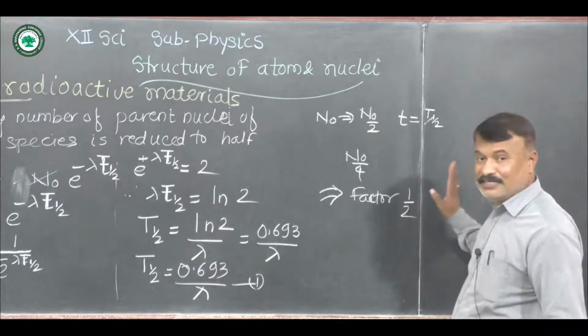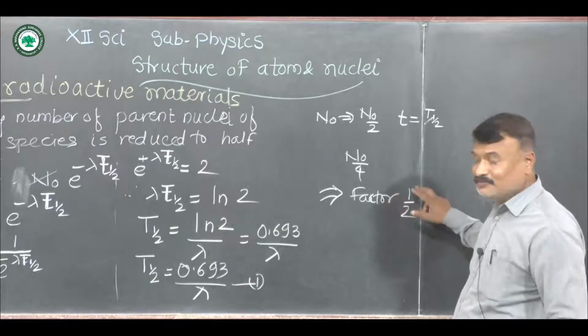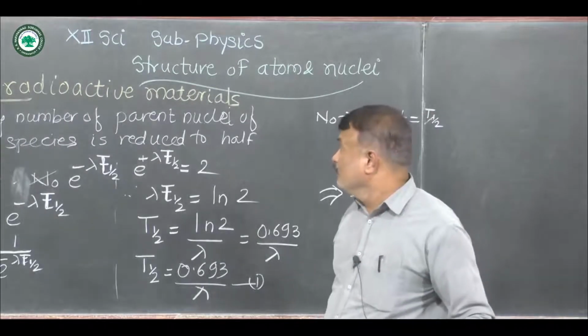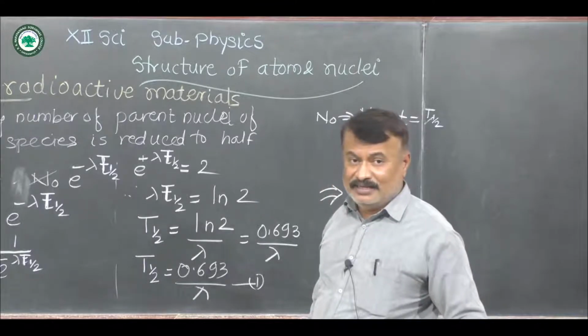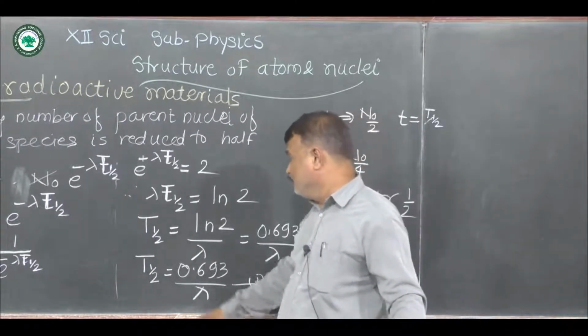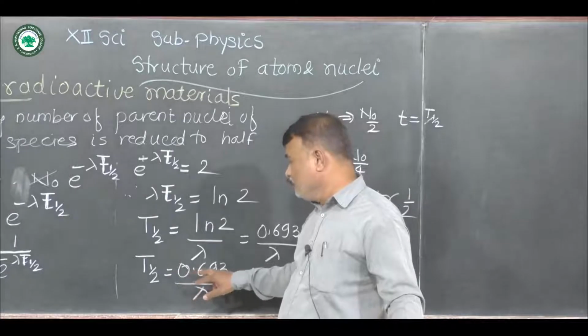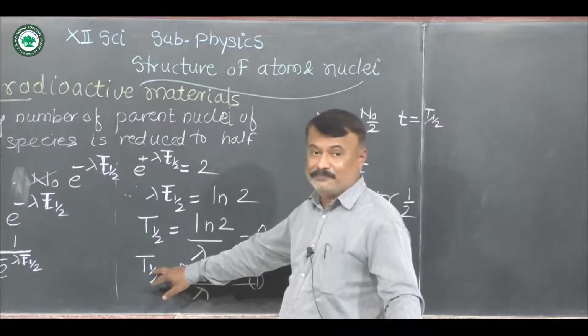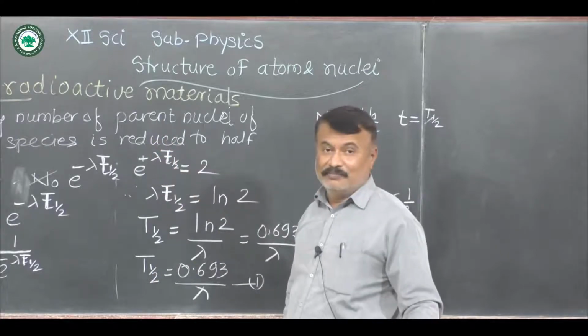In this way, it reduces by factor of half. So this is about the half-life of radioactive material. So in a half-life we get 0.693 upon lambda. This is the half-life time for radioactive material.